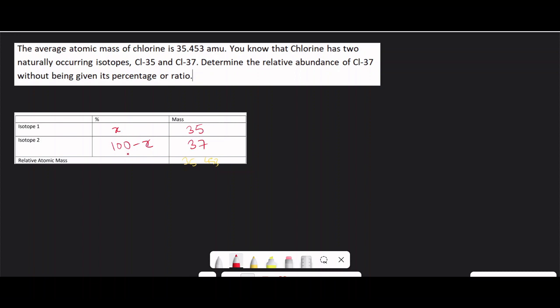So using that logic, we can just put an x, and using the same equation as last time, we can do x over 100 into 35 plus this one, which is 100 minus x, also divided by 100 because it's a percentage, into 37, and we know the total average atomic mass is given, 35.453.